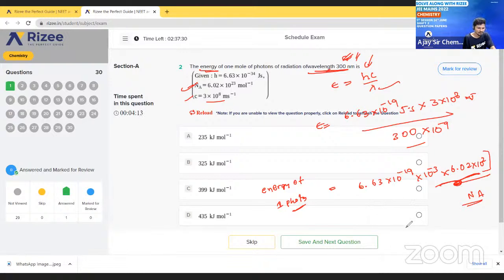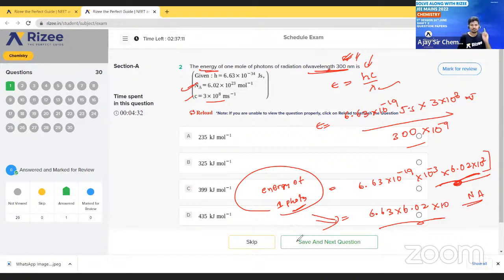So what will we get? We will get the energy of one photon. But what they asked is the energy of 1 mole of photon.